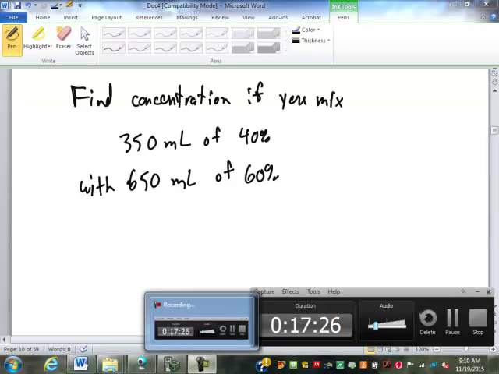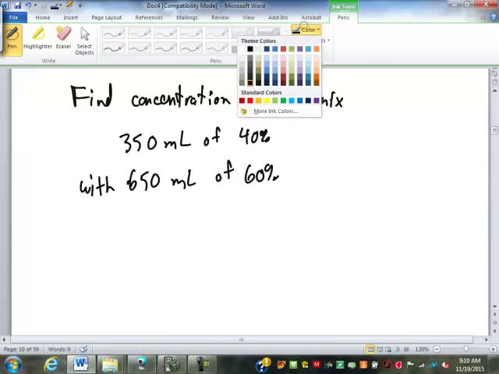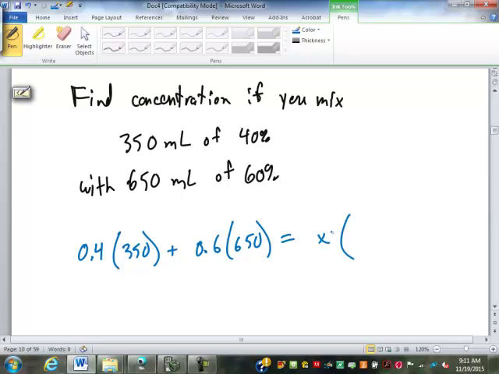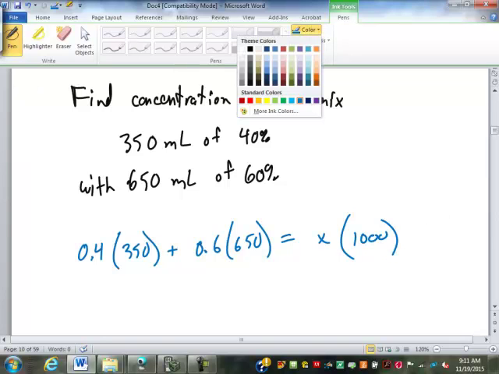So we have 40%, 0.4 or 0.40 times 350, plus 60% is 0.6 or 0.60 times 650, equals x times, how much do we have total? 1,000, 350 plus 650.